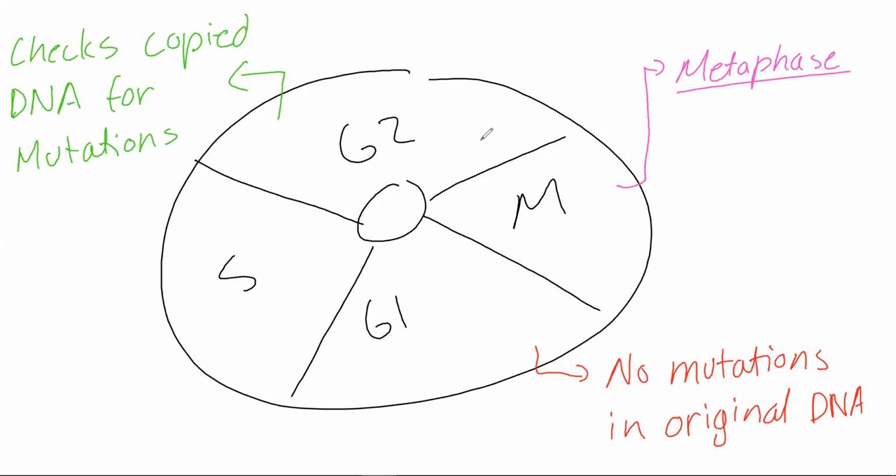So it checks metaphase to ensure that all chromosomes are lined up. And if they are not lined up perfectly, it'll tell cells to correct it. Or it'll tell proteins to correct it. Everybody understand the 3 checkpoints? Note, there are no checkpoints in S because S is where all the DNA synthesis is happening.